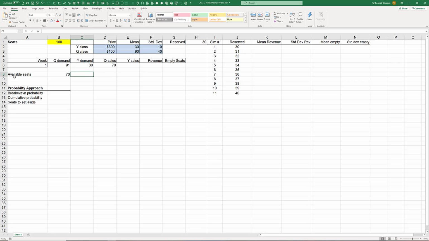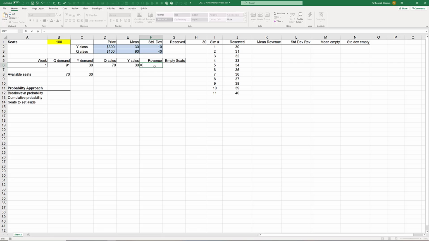Now, seats available for Y class is B1 minus the number of seats we sold for Q class. And then we have the min of Y demand and available seats.